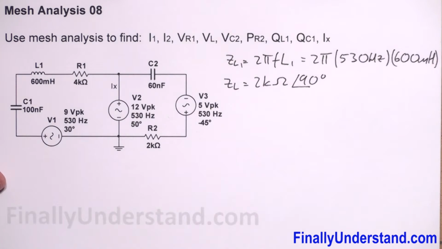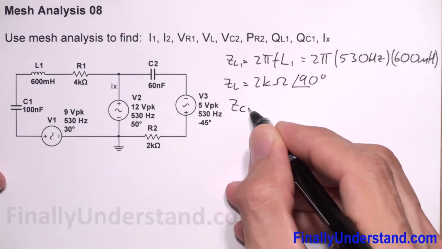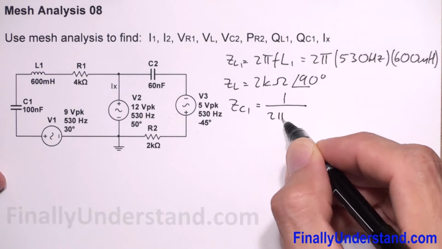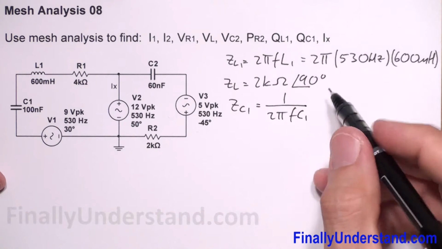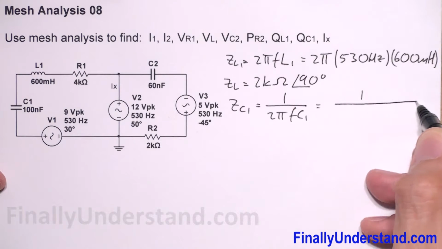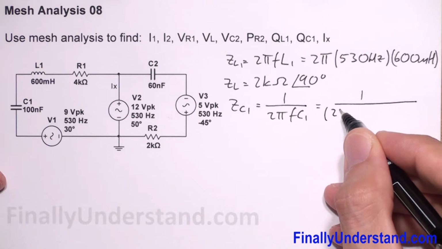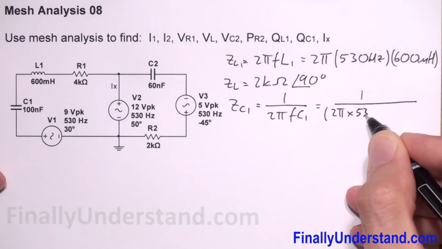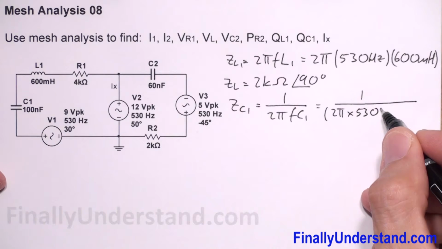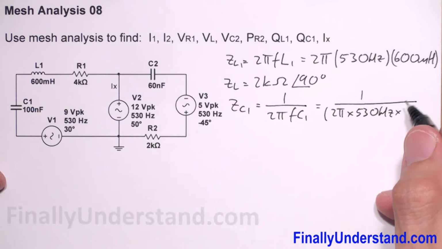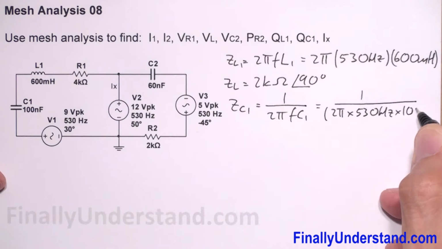Next, we're supposed to find ZC1. ZC1 is equal to 1 over 2 pi F C1. This is the formula. And I have 1 divided by, open parenthesis, 2 pi times F, which is 500 terahertz, times C1, which is 100 nanofarads.